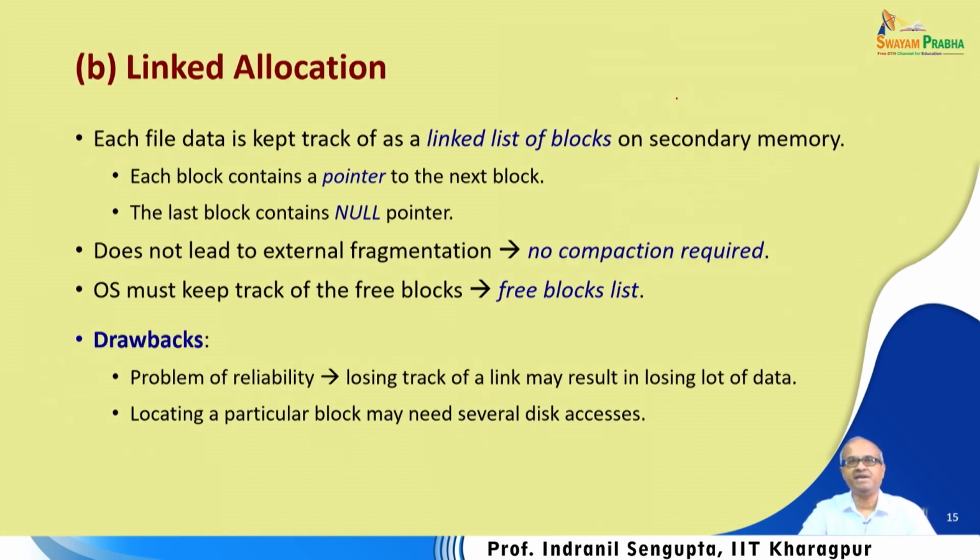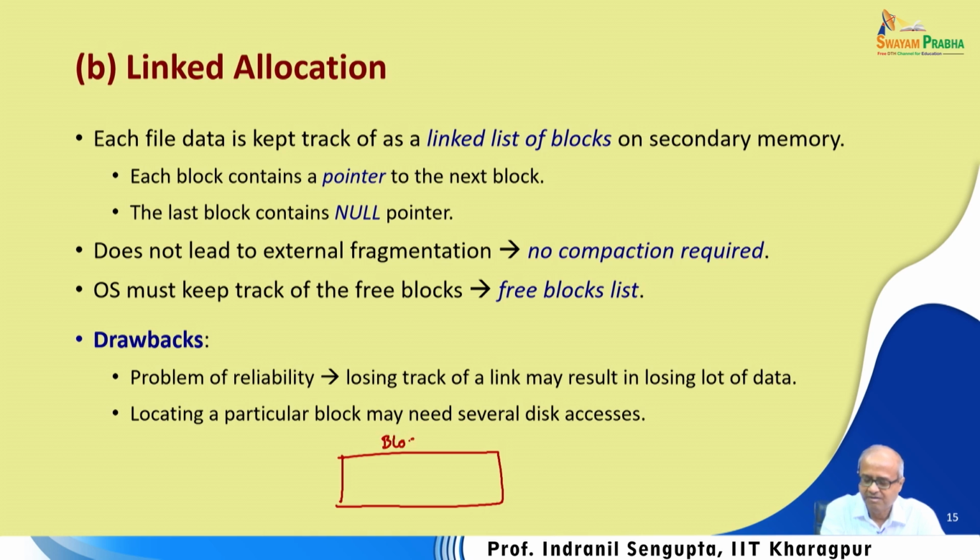Next, let us come to linked allocation. Instead of keeping the blocks in contiguous locations, suppose I have a block, a particular block of the file. I store the data, but at the end I keep a little space to provide the address of the next block, like a pointer.